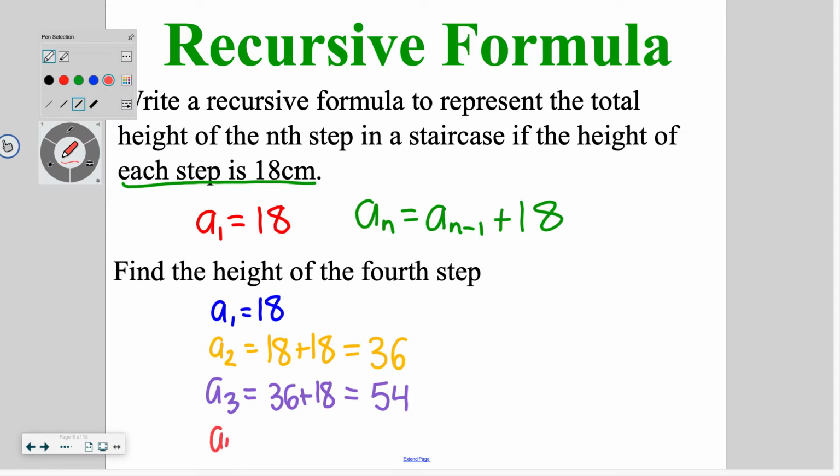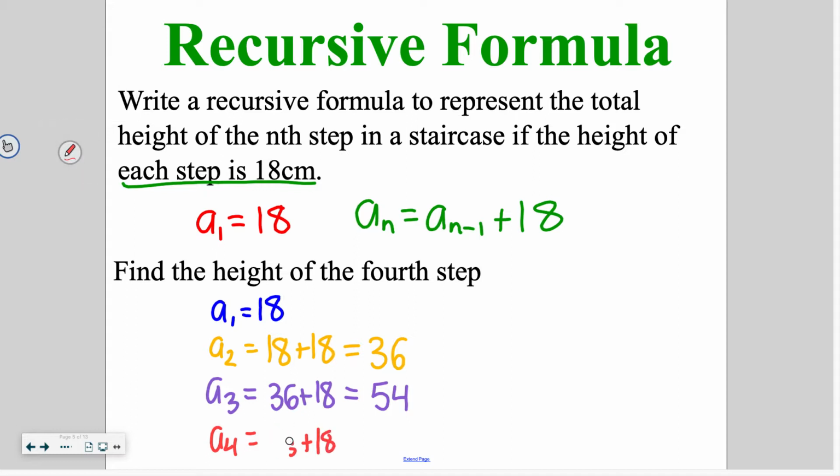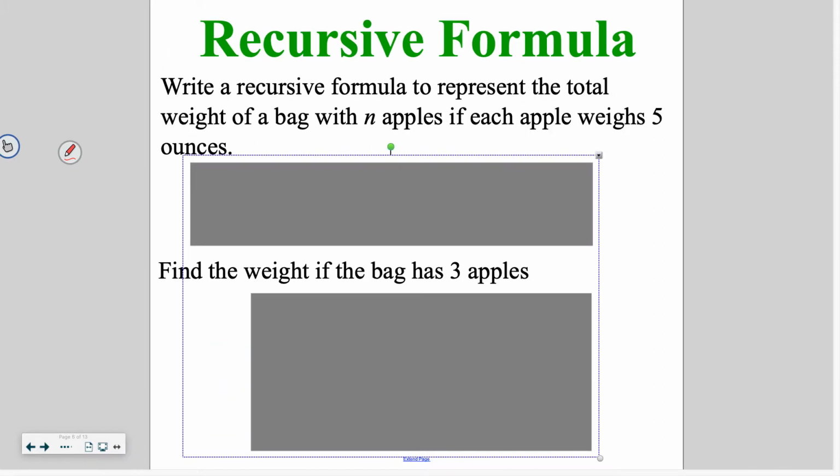So a4, which is equal to a3 plus 18, we know that a3 is 54. So we've got 72 centimeters is the height after that fourth step. So we had to go through step by step and find each of the next terms. Go ahead and try this one on your own.